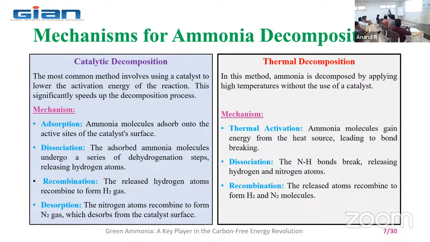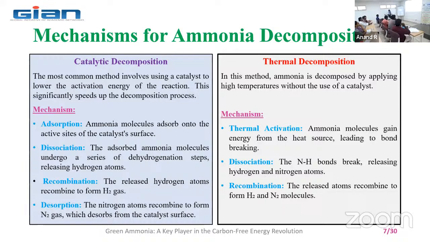Absorption is a method where the ammonia is absorbed; the ammonia molecule absorbs onto the active sites of the catalyst surface. Dissociation: the absorbed ammonia molecule undergoes a series of dehydrogenation steps, releasing hydrogen atoms. Recombination: the released hydrogen atoms recombine to form hydrogen. Desorption: the nitrogen atoms recombine to form nitrogen.